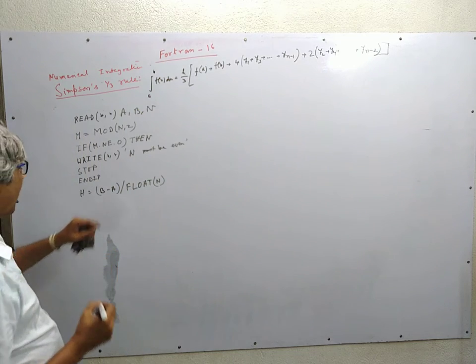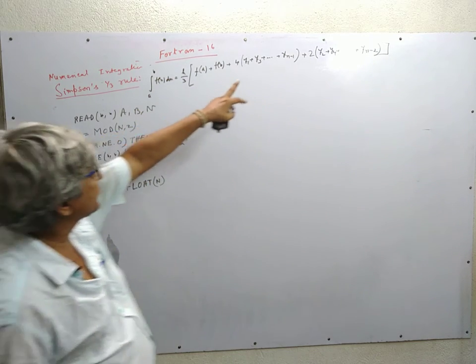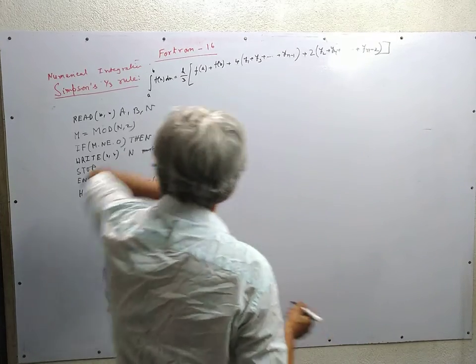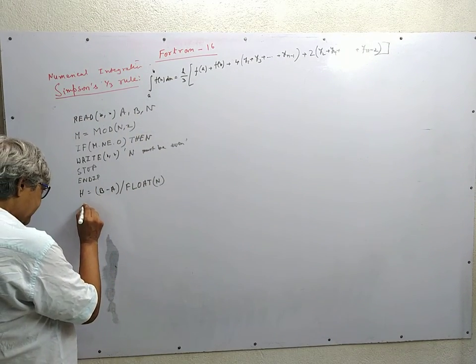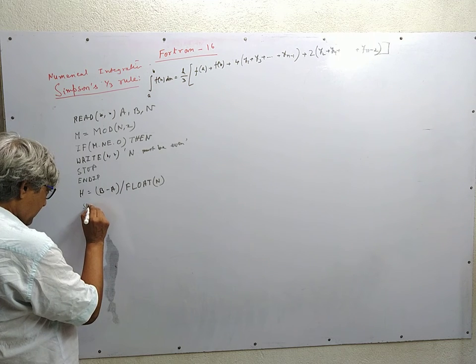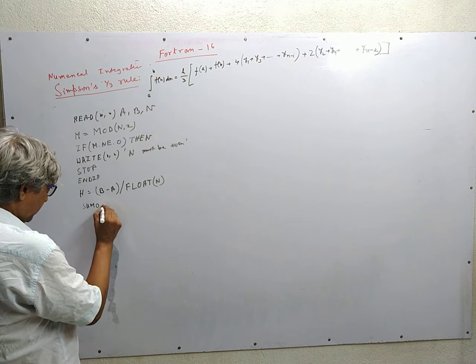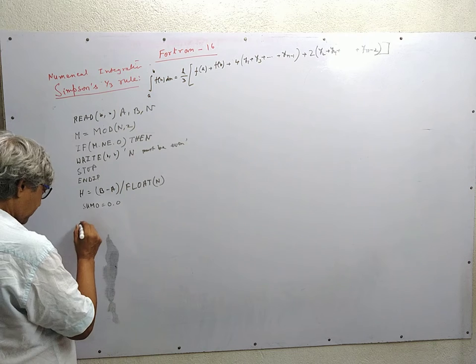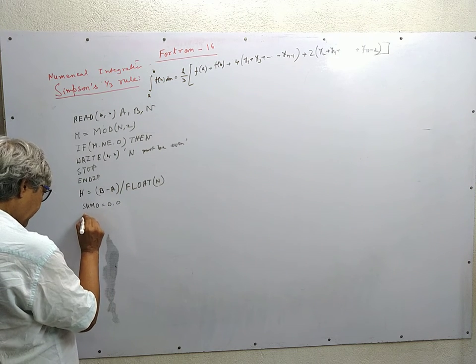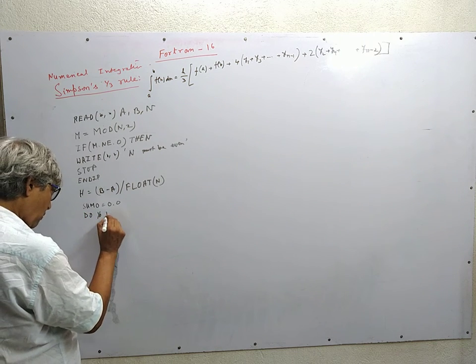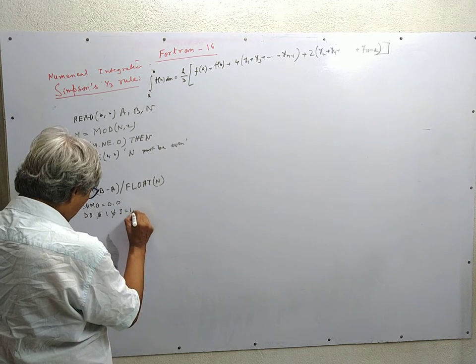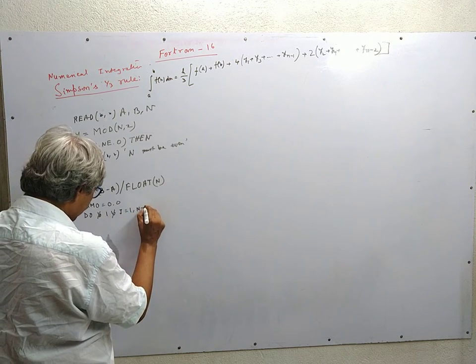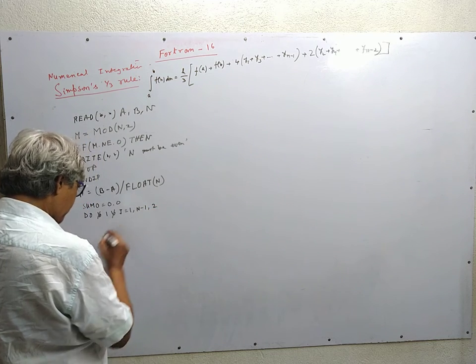Then coming to this part, we write sum even and sum odd equal to 0.0. Then do 1, I is equal to 1 comma n minus 1 in steps of 2.